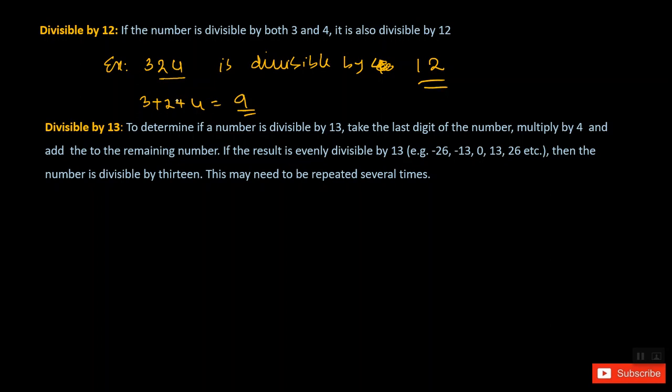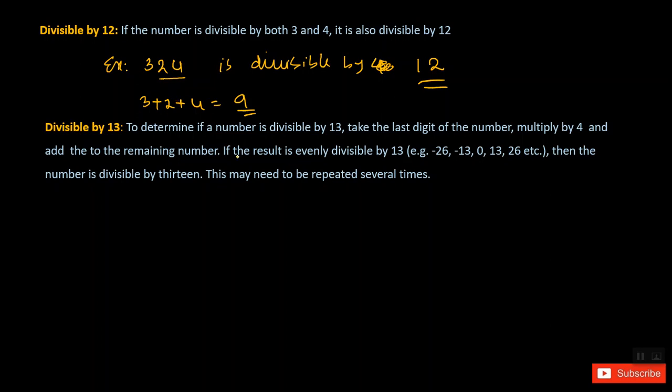Divisible by 13, because checking whether a number is divisible by prime numbers like 7, 11, 13, 17 is quite different from the other numbers. All right, so not to worry. Let's see.